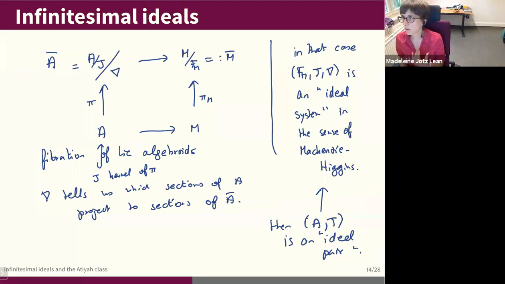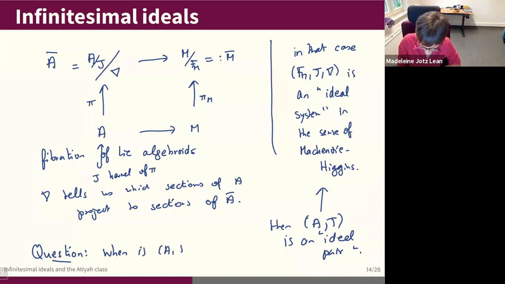It's actually what should be called an ideal, but with this additional structure. So it's the fiber of an ideal. And the question I want to ask is, well, how do we see that AJ is an ideal pair?